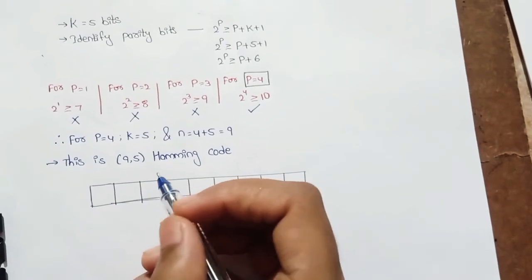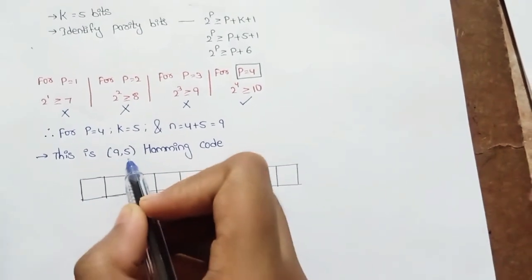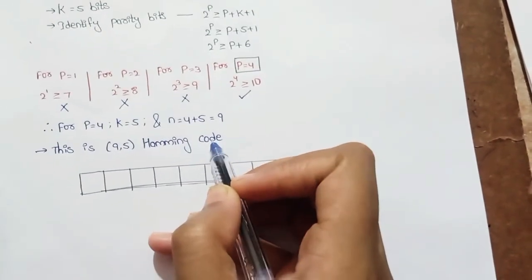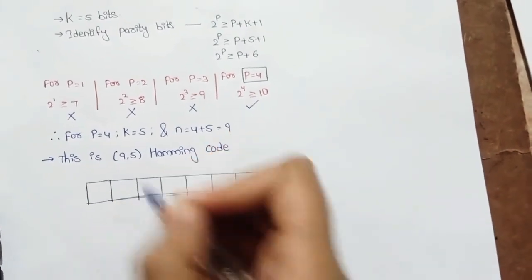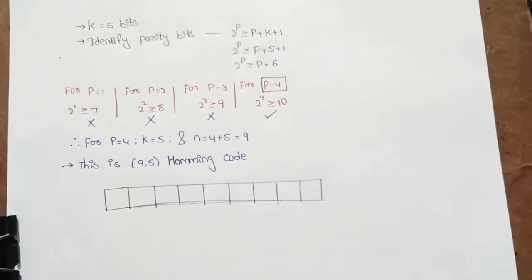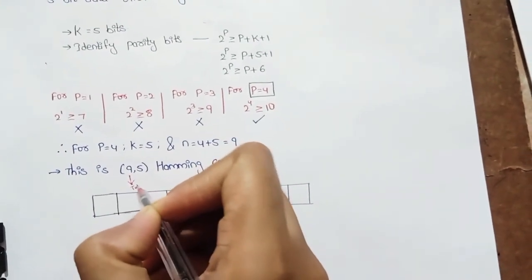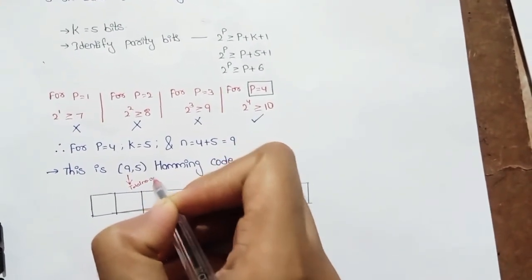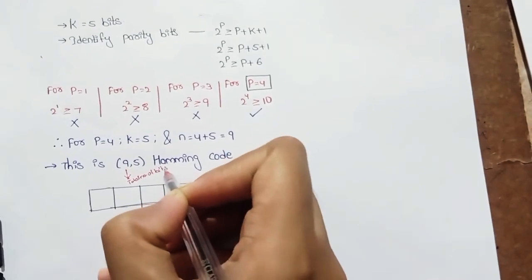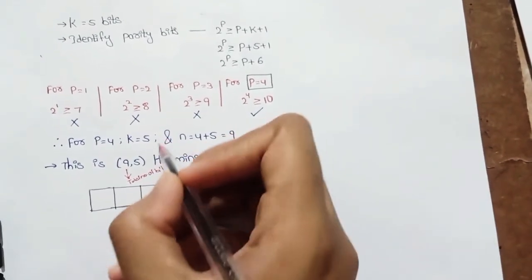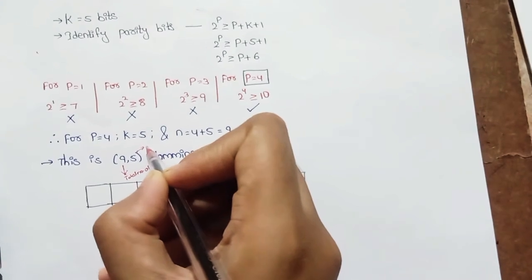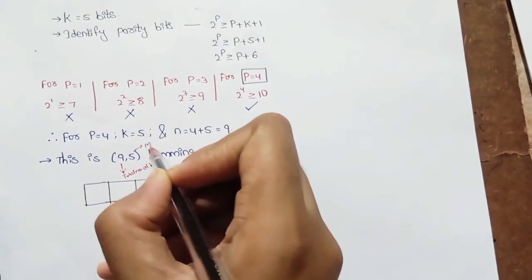As per that, our code is 9, 5 Hamming code, where n is the total number of bits, k is the message bits.